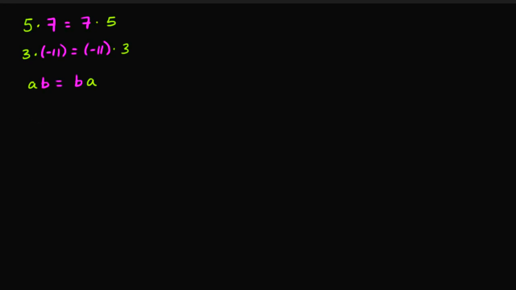Whether it's the case that if I had two matrices, let's say matrix capital A and matrix capital B, whether it's always the case that that product, the resulting matrix here, is the same as the product of matrix B and matrix A, just swapping the order.